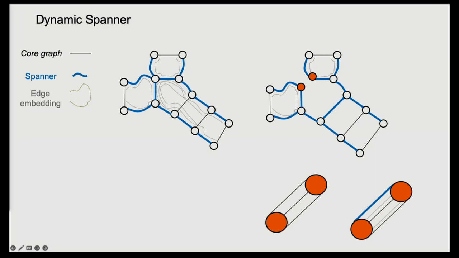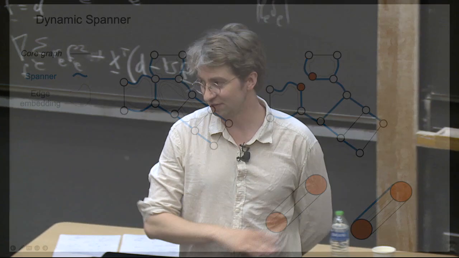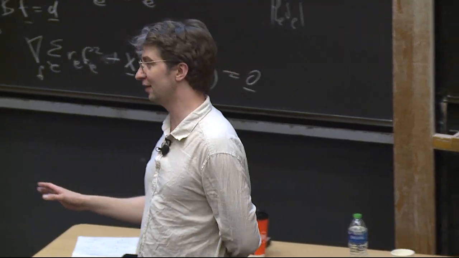Question? In the little graph, is it a weighted spanner where the lengths of the edges are the stretch in the original spanner, or is it literally unit? The question was, are there weights anywhere? And the answer is no. Everything is unit weight.